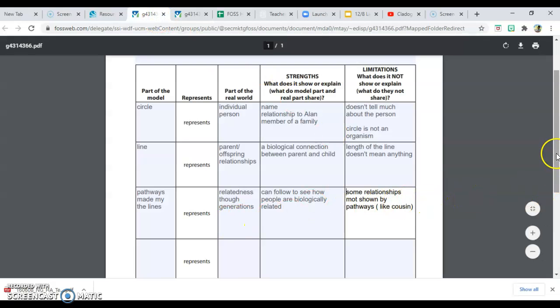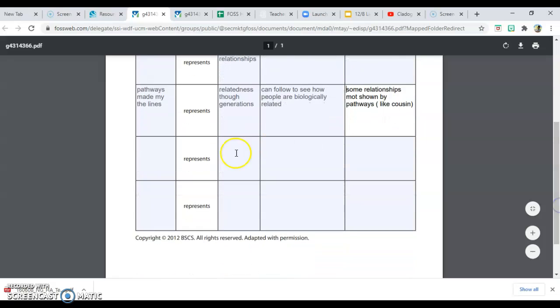We have two more models to talk about. Another model of the relationships is the relationship titles of the family tree. When we're talking about the relationship titles, they represent the relation to one person, which is, in this case, Alan.